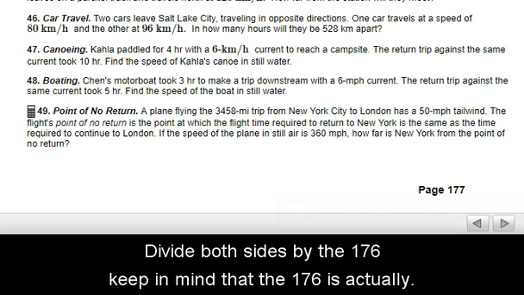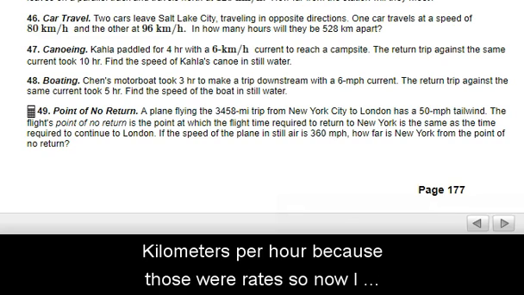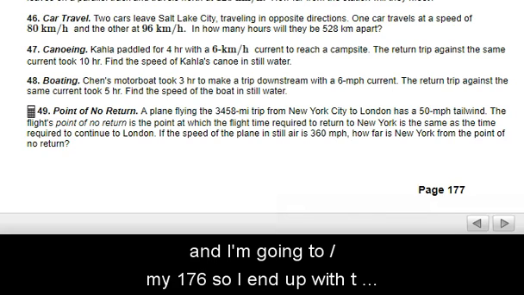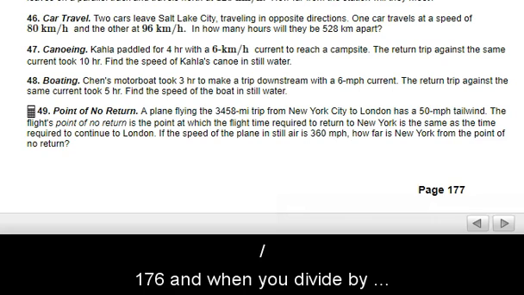Keep in mind that the 176 is actually kilometers per hour because those were rates. So now I have kilometers per hour times time, and I'm going to divide by my 176. So I end up with t equal to 528 kilometers divided by 176.